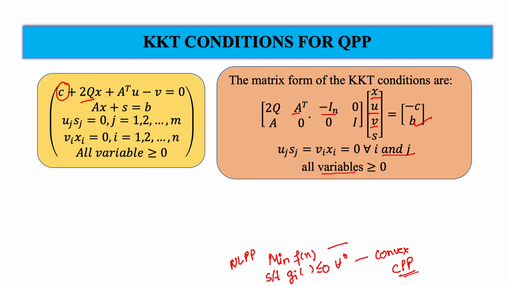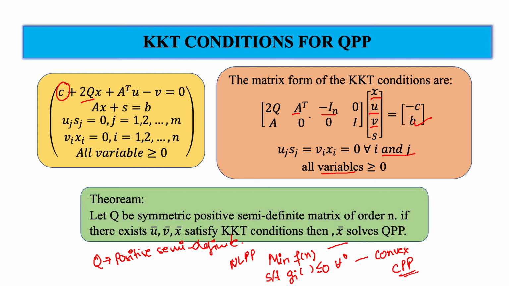So if in the QPP the involved Q is a positive semi-definite matrix, then the function will be a convex function, and hence it will be a convex programming problem. Therefore, the KKT conditions which we have just obtained become sufficient, meaning if we solve the KKT conditions, then the x obtained by solving these equations or conditions will be the global optimal or global minimum.